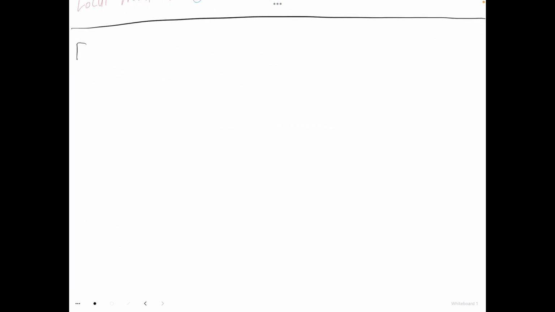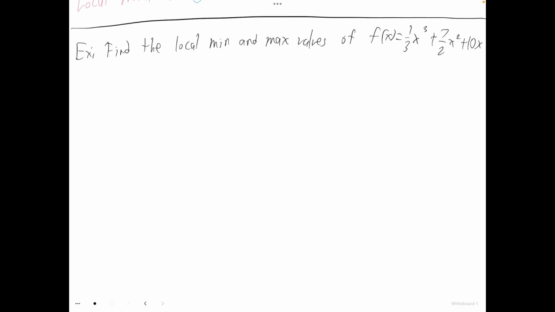And so next, we want to look at the function. We want to find the local min and max values of f of x equals 1/3 x cubed plus 7/2 x squared plus 10x minus 6. Okay, so we first are going to take the derivative of this function.